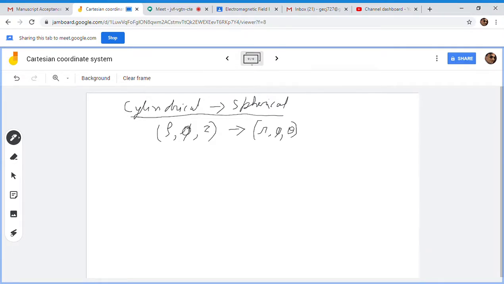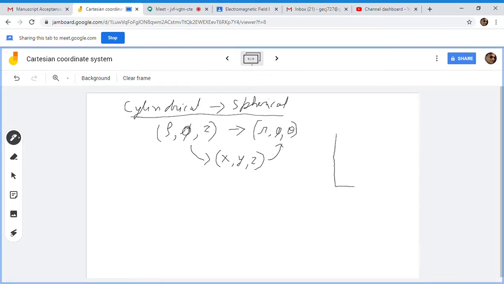One method is that you convert this to xyz and then convert back to r, phi, theta. But if you have good visualization of these three dimensions, then you can directly convert. Just see how I am doing.